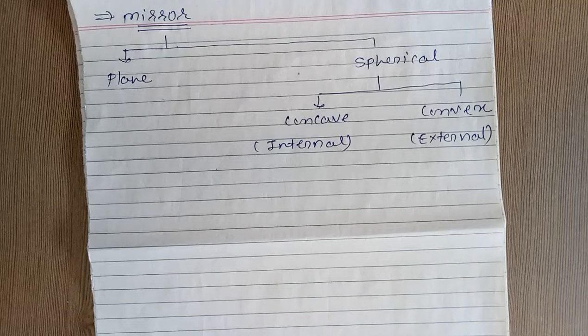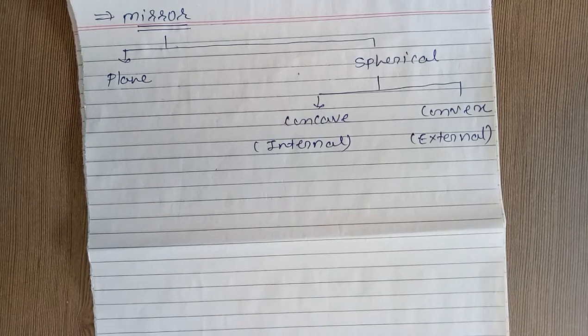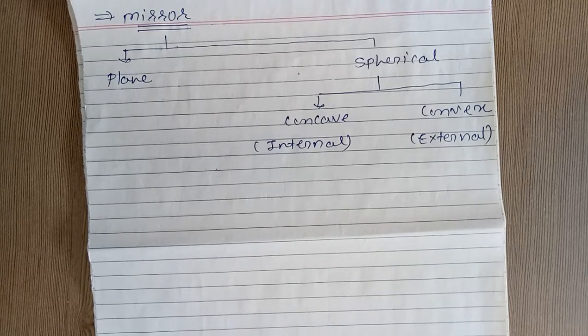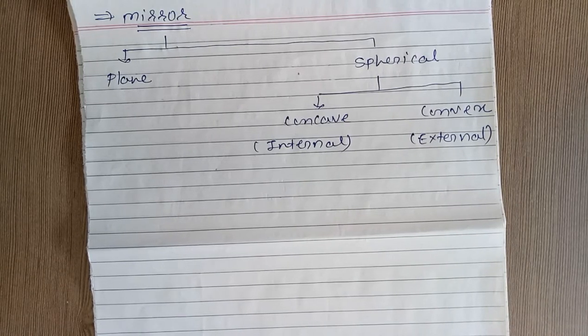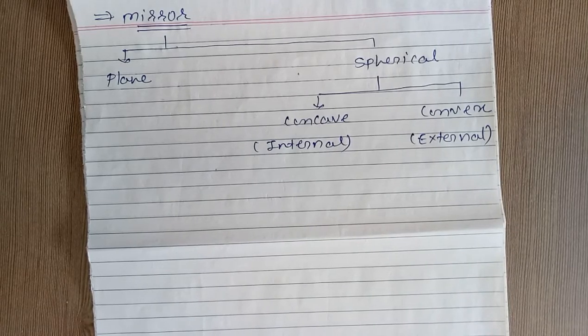First of all, we start with the concave mirror. So what is a concave mirror? If the internal surface of a spherical mirror is made reflecting, then it is called a concave mirror. I repeat it.